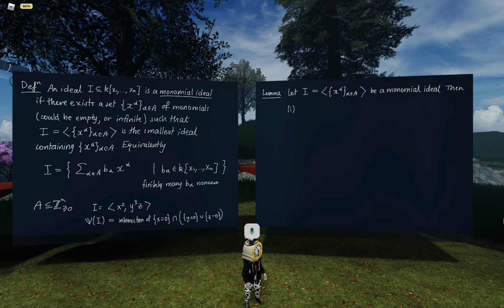So the ideal membership problem for monomial ideals is easy. Let's start with a monomial. If I take a monomial, it belongs to the ideal if and only if it's divisible by one of the generators, or equivalently, it's divisible by some monomial in the ideal.